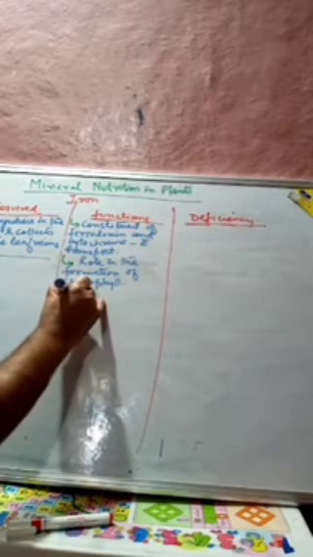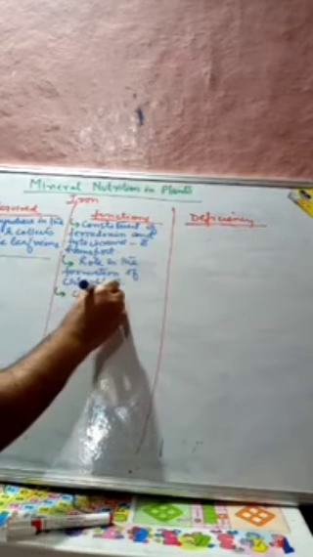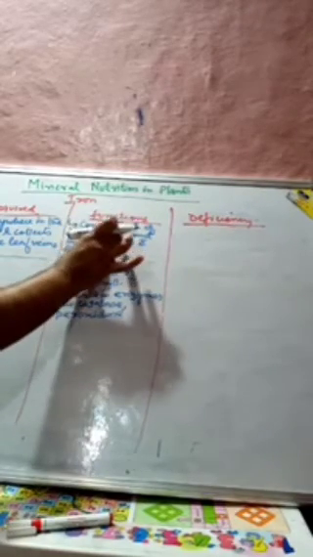Third, it is an important constituent of certain enzymes like catalase, the name of an enzyme, and peroxidase enzymes.